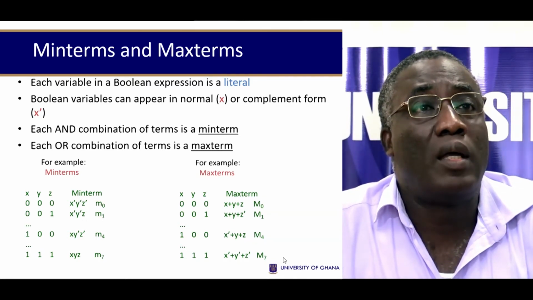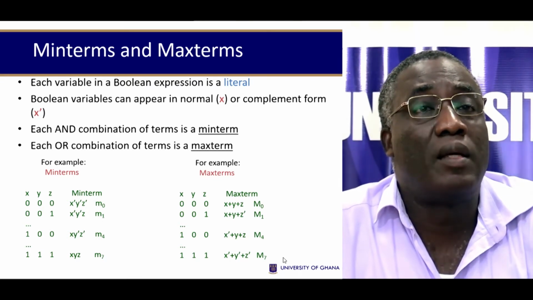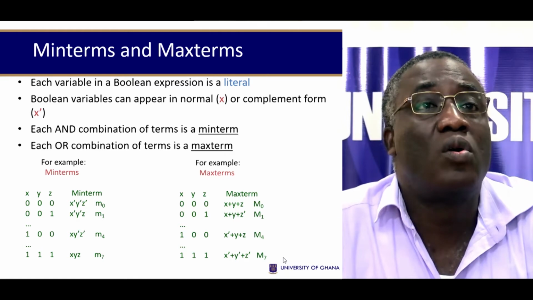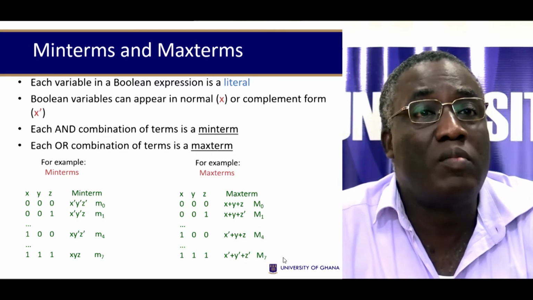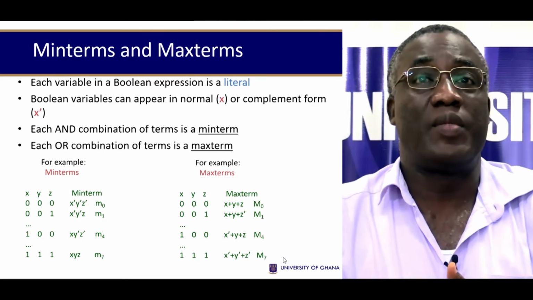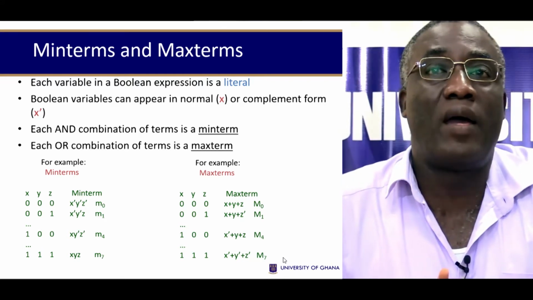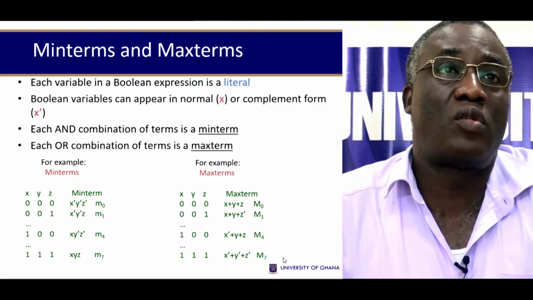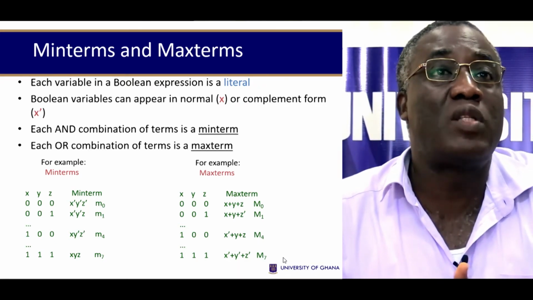So x, y, z, or not x, not y, not z, with min term 0, and then min term 1, all the way up to min term 7. And then the max terms become the OR terms, so x or y or z is M0. The OR combinations give you the max terms, the AND combinations give you the min terms.